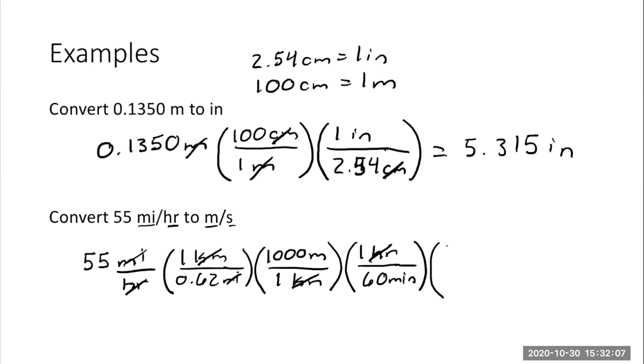I also know that for every 1 minute, I have 60 seconds. So now your minutes will cancel, leaving you with just your desired units of meters and seconds. Everything else here cancels out. And this gives us 24 meters per second.